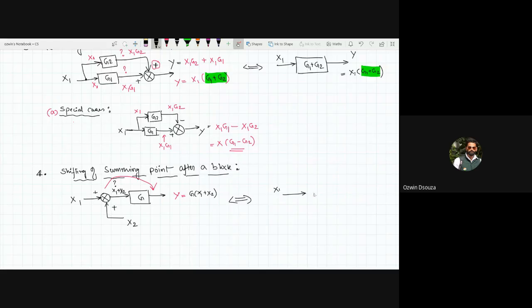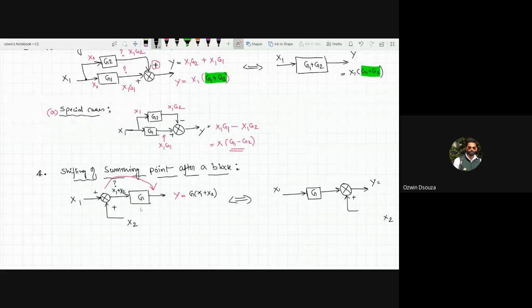This x1 is directly given to G, and after G you are going to find the summing point. To this summing point you have to feed signal x2, and this will be my output. So what I have done is simply shift this summing point behind the block G.